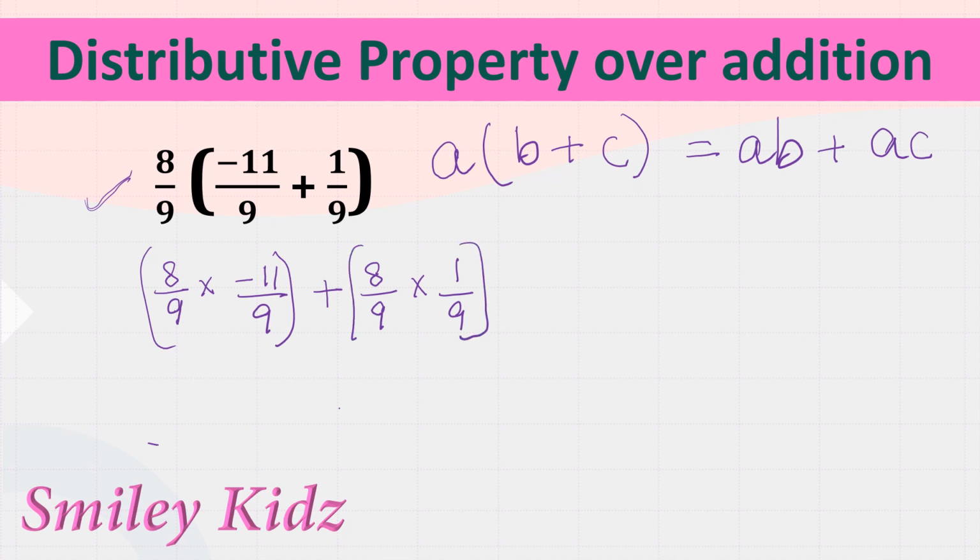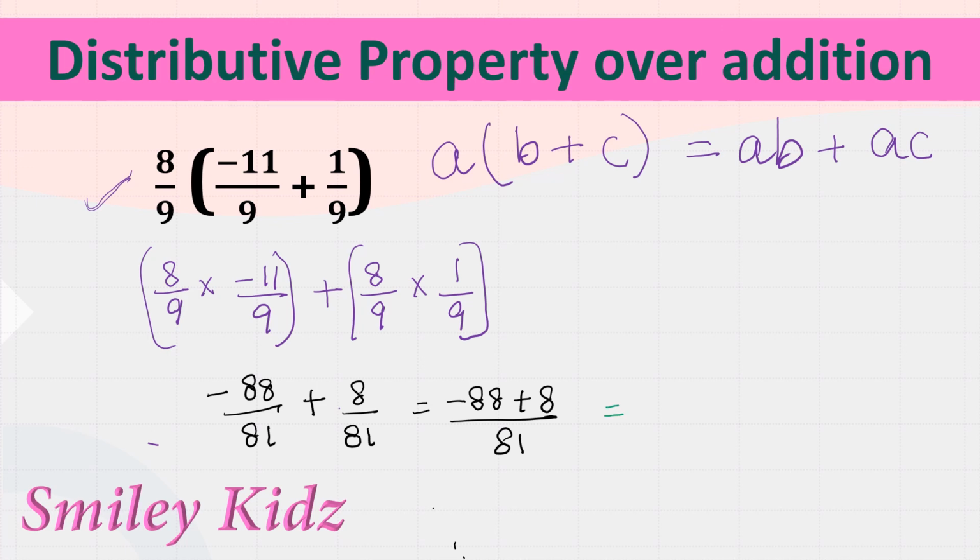So first we'll be solving what is in brackets, which is equal to minus 88 by 81 plus 8 by 81, which is equal to minus 88 plus 8 by 81.